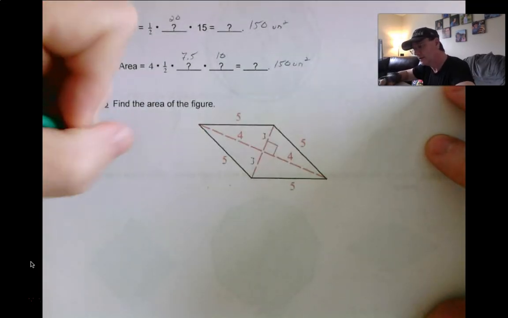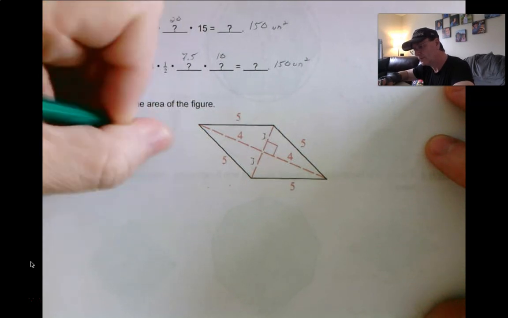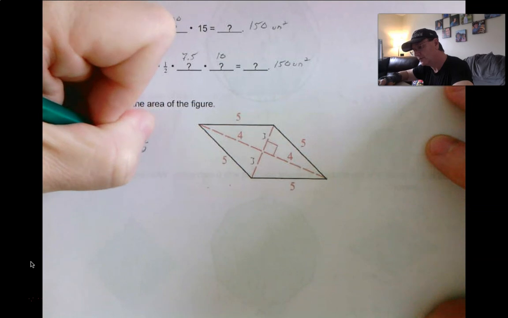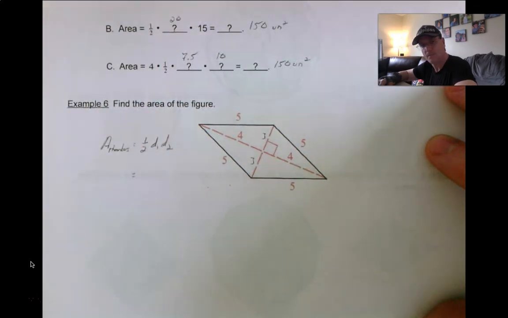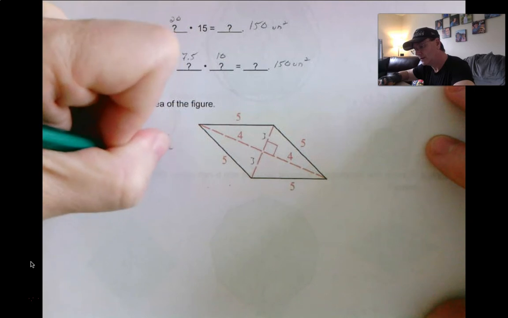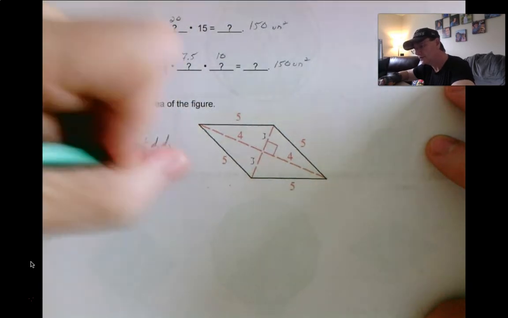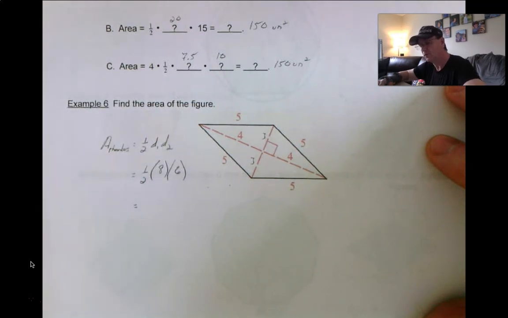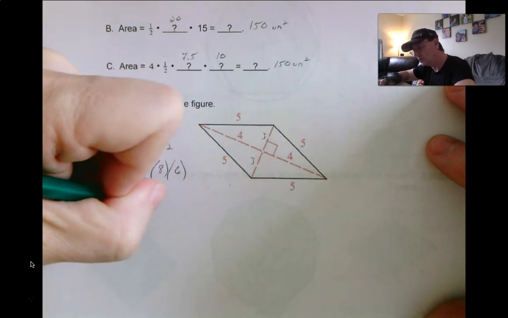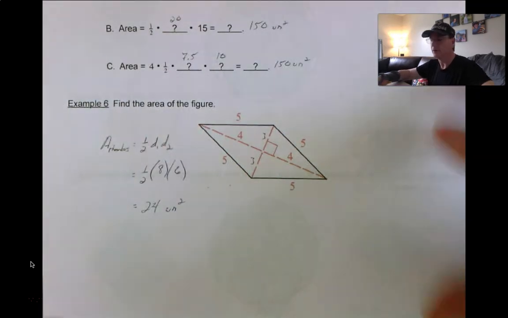The area of the rhombus is equal to 1/2 diagonal 1 times diagonal 2. Diagonal 1 is 8. Diagonal 2 is 6. Half of 8 is 4. 4 times 6 is 24 units squared, or square units.